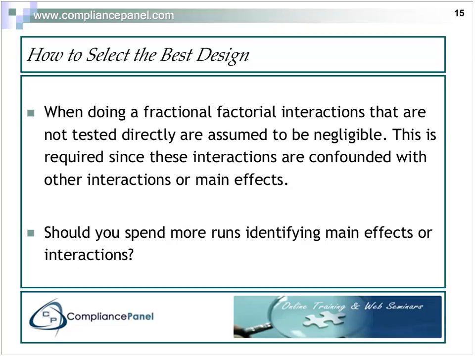I don't want to spend a lot of time and effort understanding that particular factor. So typically, spend your money on the response surface and the later designs. Spend less money on the screening designs, because truthfully, that's where you make your biggest bang for the buck.